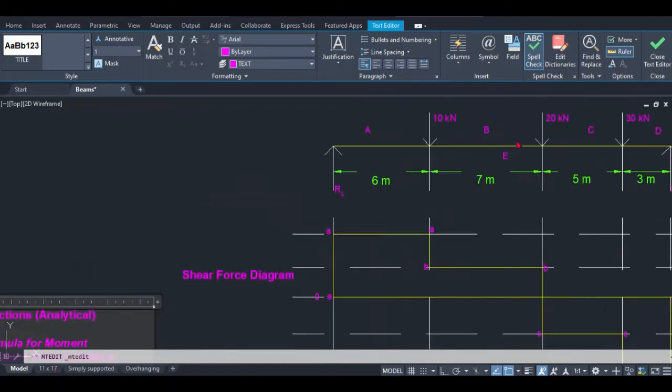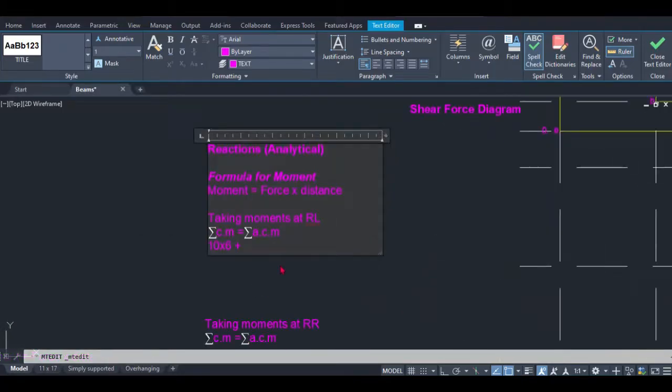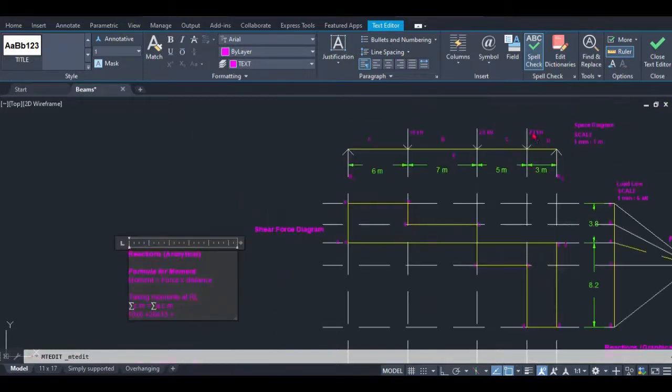The next one now, BC was 20, and it's the distance of 20 from here, so it's not 7, but it's 7 plus 6, which is 13. So it's 20 times 13. Says sum, gotta add the others. So CD is now 30 times 5 plus 7, 12, plus 6, 18. So it's 30 times 18. And those are all the forces that were turning the beam clockwise.